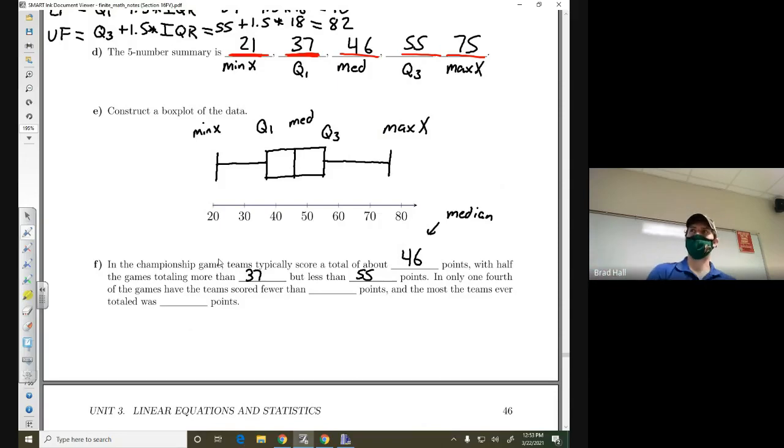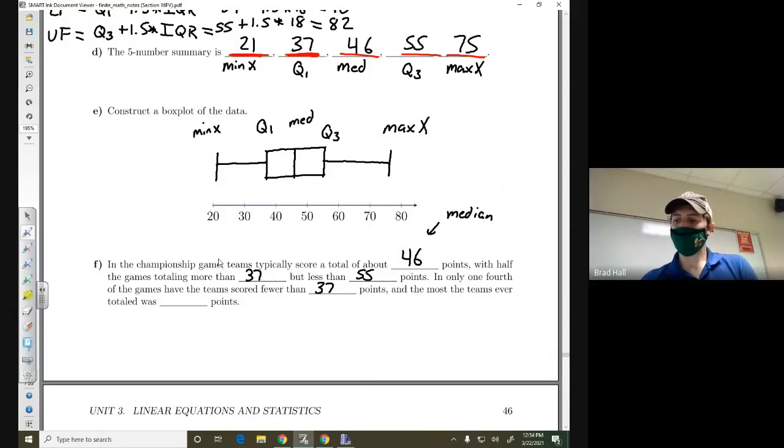You're going to have to go larger than the minimum. Because from that value, there has to be exactly 25% less than that value. It's going to be 37 again. This problem's kind of misleading because people will see the 5 blanks and think each 5-number summary goes in like a word bank. But this is the first quartile again.